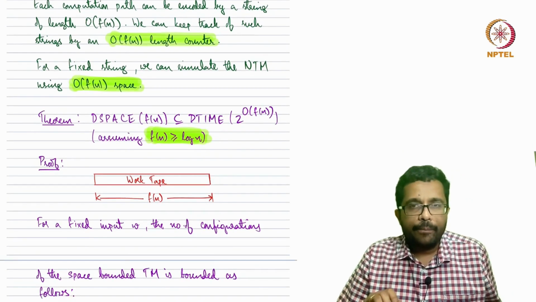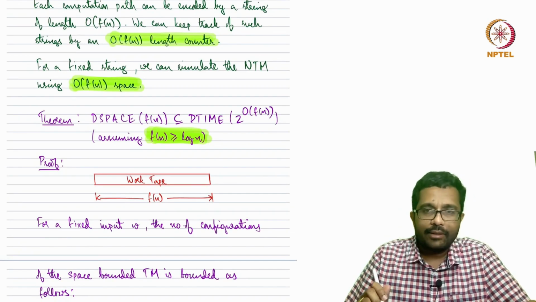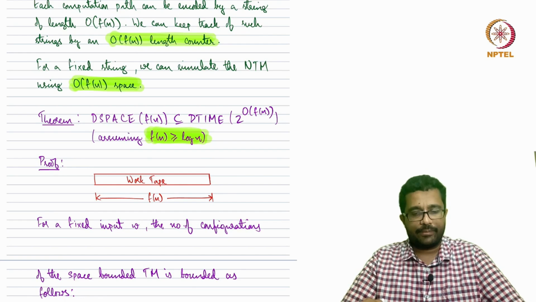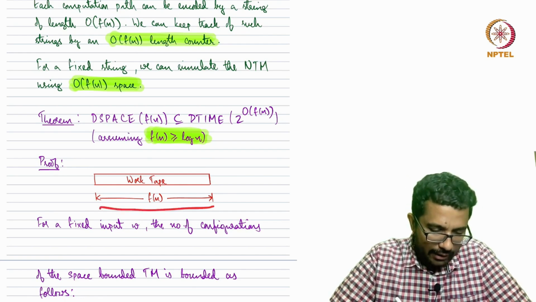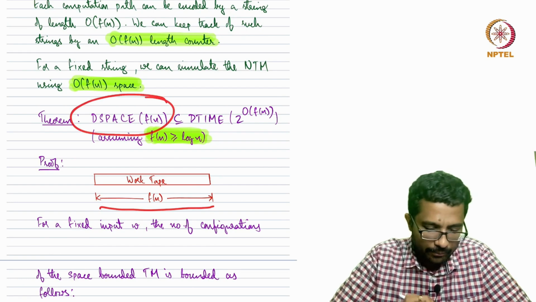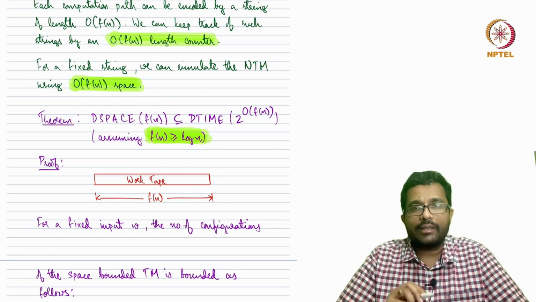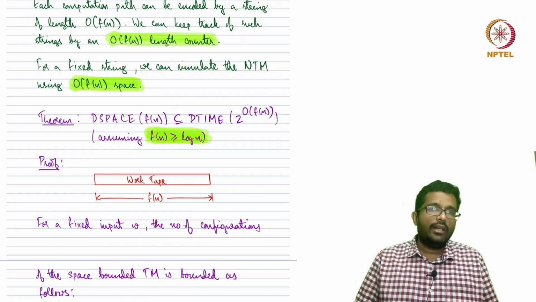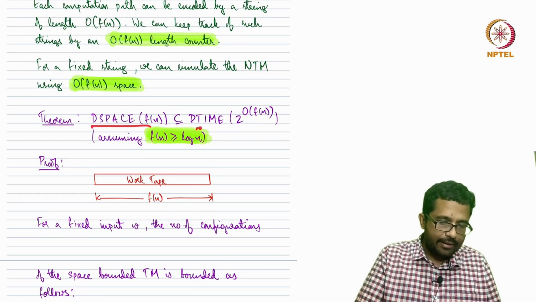So DSPACE(f(n)) means there is an input tape and there is a work tape. Let's assume that it is a decision Turing machine, and the space used in the work tape is f(n). That's what DSPACE(f(n)) means. One thing that we can do is to run the space bounded Turing machine. It's a deterministic Turing machine, the left side also deterministic, right side also deterministic.